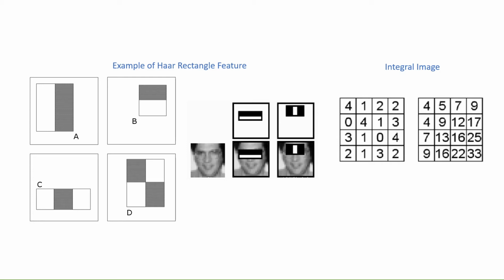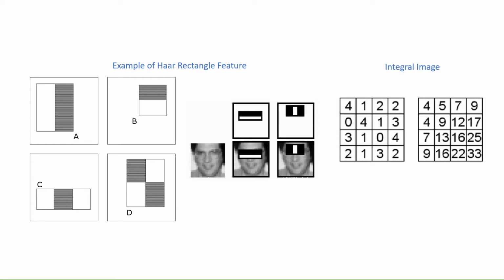Instead of having 4, we may have 2, or vertical 2, or 3, or 4, but as a common rule, you add the white pixels and subtract the black box pixels. Just summing this gives the features.